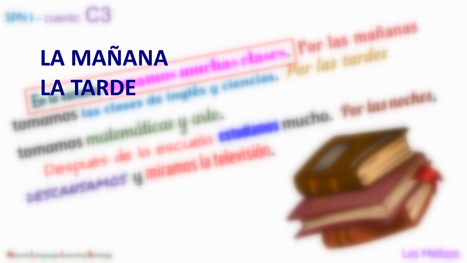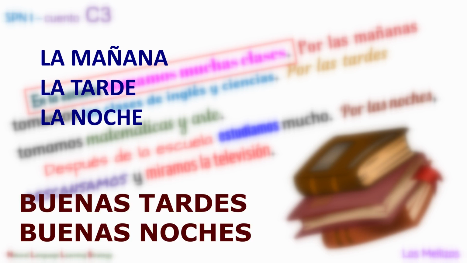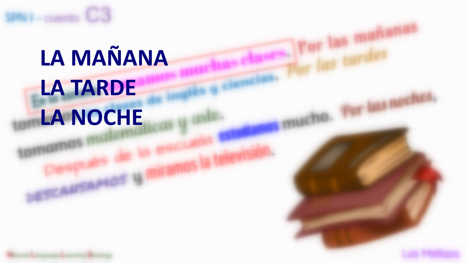Before we go to the next sentence, let's take a look back at the different times of day. La mañana, la tarde, and la noche. Morning, afternoon, and evening or night. We've already used a couple of these for greetings. Buenas tardes and buenas noches. Good afternoon and good evening or good night. To say in the morning or in the mornings, in the afternoon or afternoons, or at night, you have a couple of options.